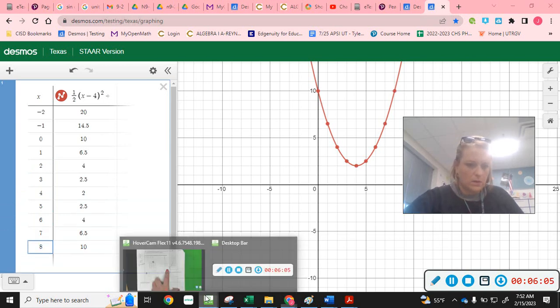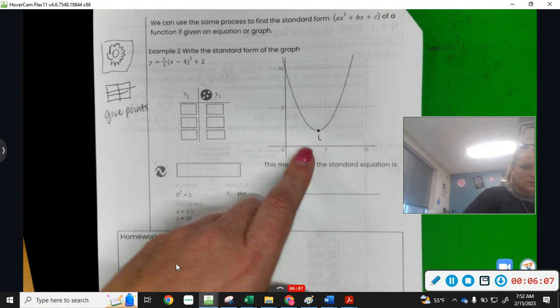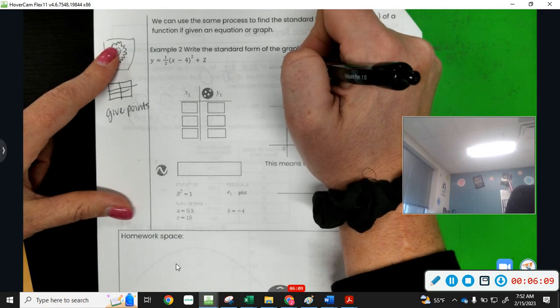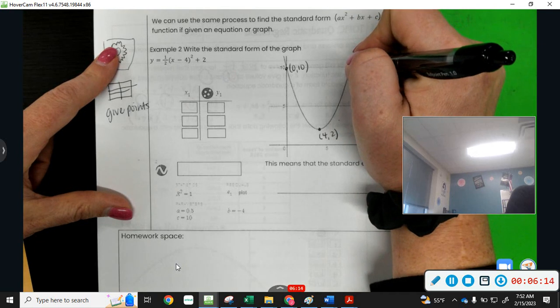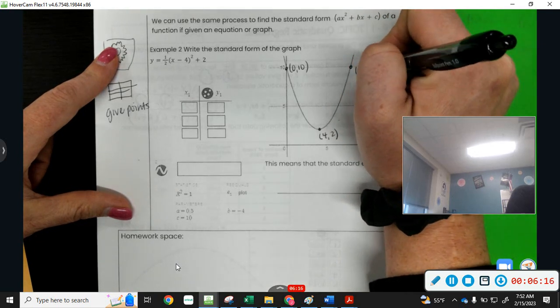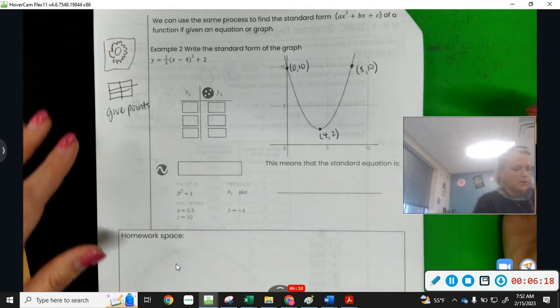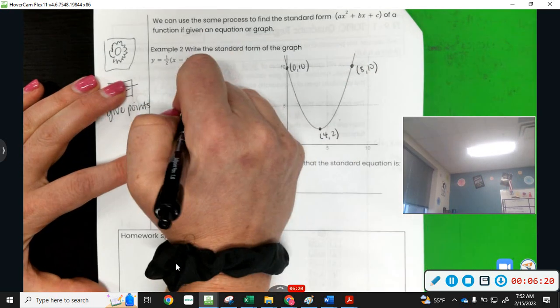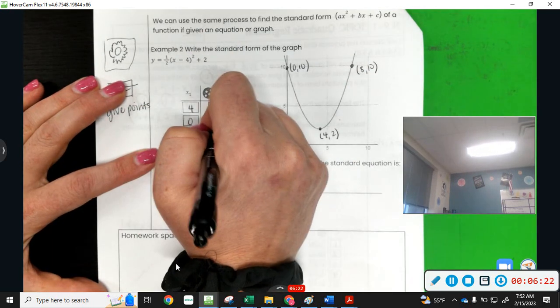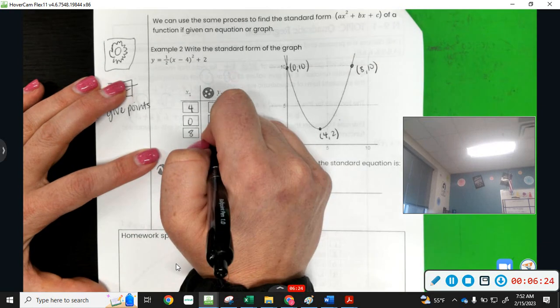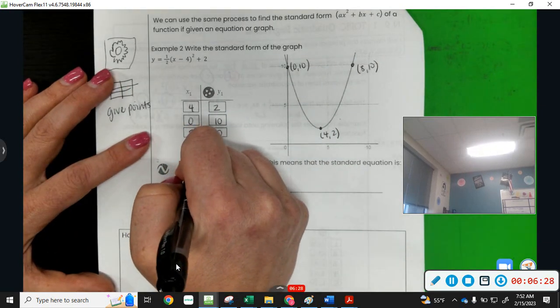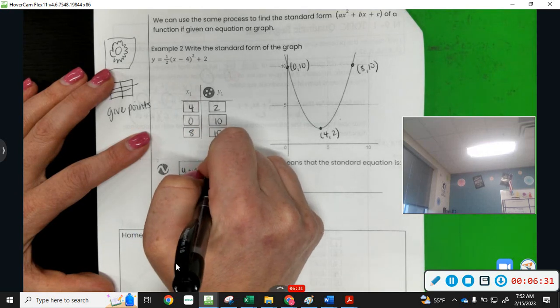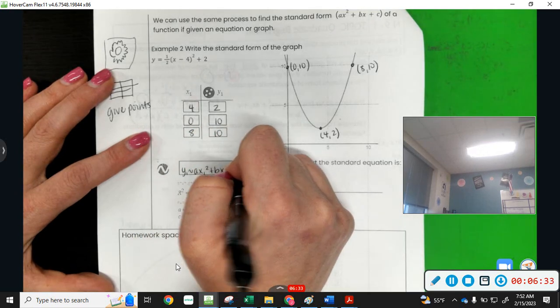So let's go back to our points. We got 0, 10. We got 4, 2. And over here, we have 8, 10. Copying didn't work too great, so we're going to type those in: 4, 2, 0, 10. It does not matter the order that you do this in. Then you'll type your formula again, y1 squiggle ax1 squared plus bx1 plus c.